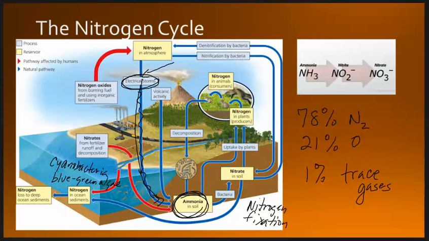Taking a look at the next step here in the nitrogen cycle, the next step is what's known as nitrification. Nitrification has to take place because ammonia isn't just used by plants and producers to make organic molecules.